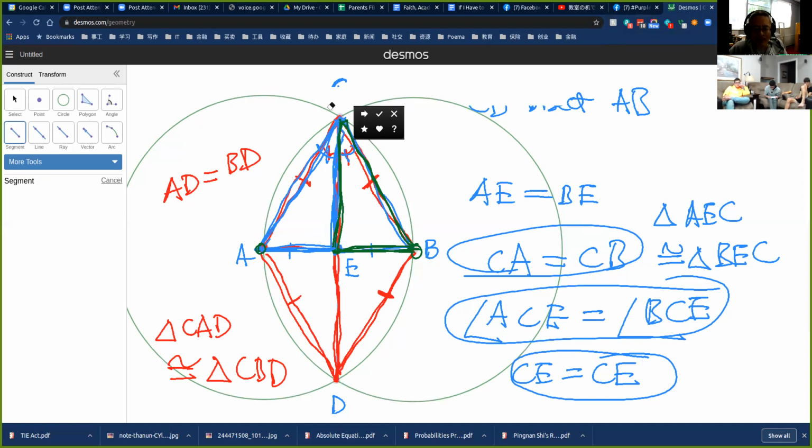But if you can do it without rewatching, that would be great. Just use Desmos to bisect an angle or bisect a line segment. Now, if you have a physical straightedge and compass, if you can do that, that's even better. It will give you a feel for this.